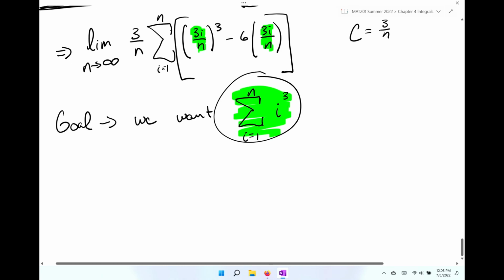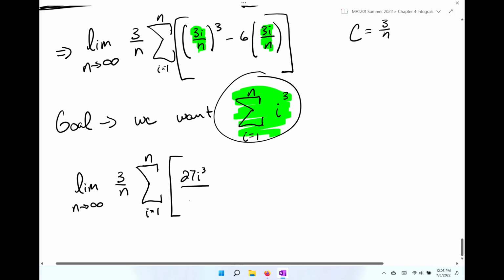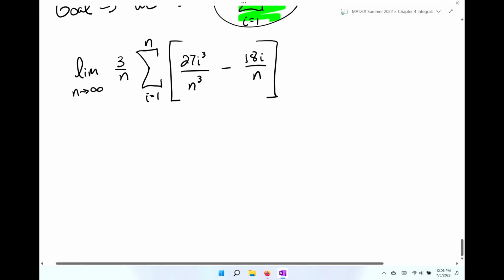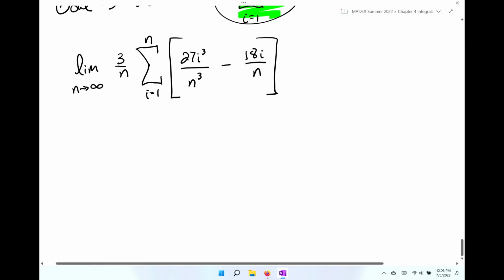So we have the limit as n goes to infinity of 3 over n times the summation of i equals 1 to n of, now I'm going to cube it first, so I get 27 i to the third over n to the third minus 18i over n. Now the next move is just understanding what's happening here.